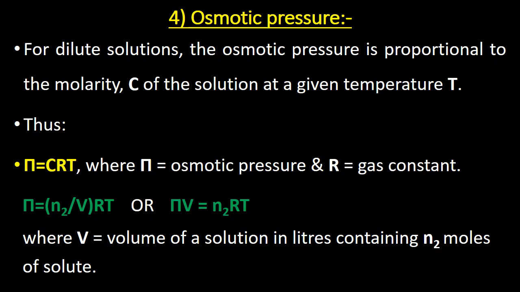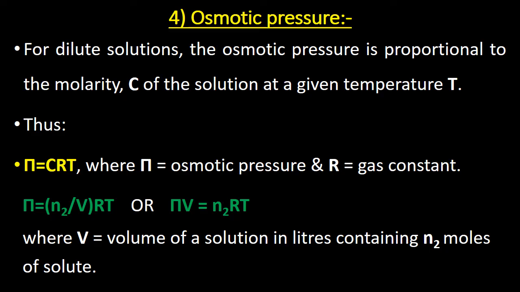For dilute solutions, the osmotic pressure is proportional to the molarity, that is C, of the solution at a given temperature T. Thus, pi, that is osmotic pressure, is equal to CRT, where pi is osmotic pressure, capital R is the gas constant, and T is the absolute temperature.